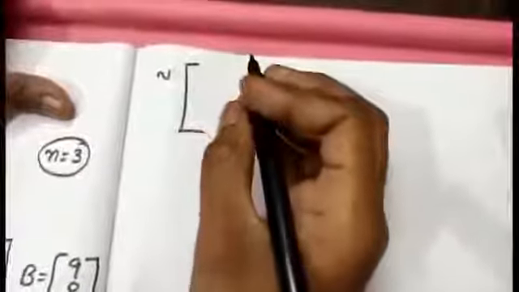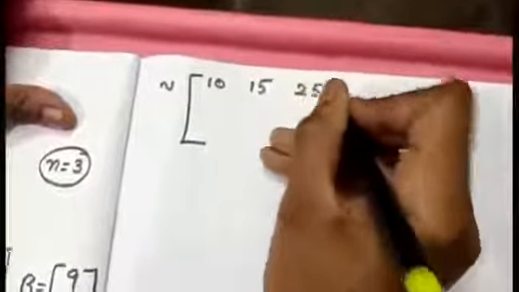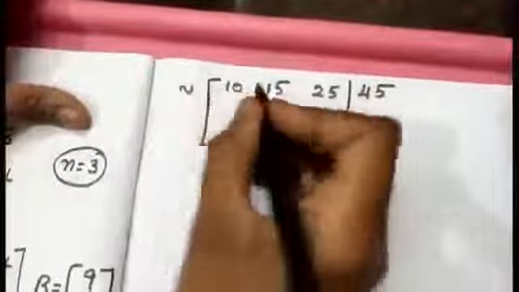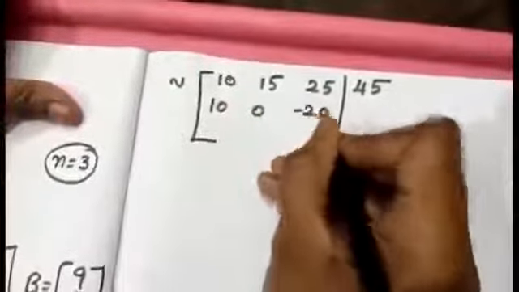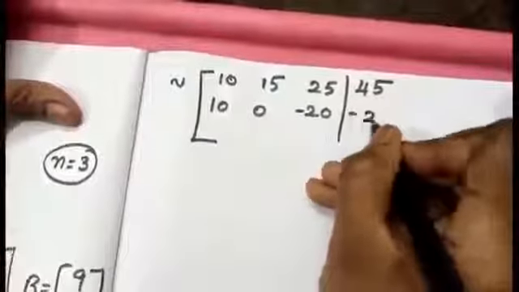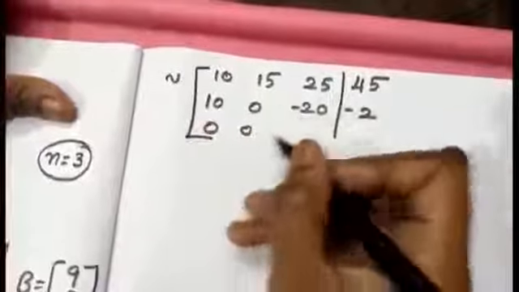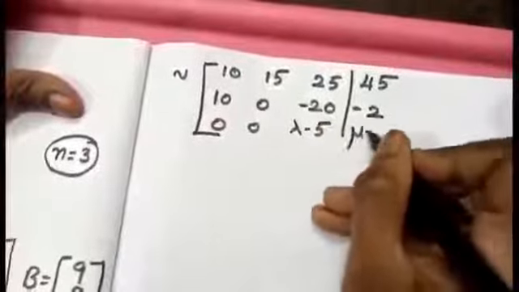If I multiply, I will get the value as 10, 15, 25, 45. In 2 R2, if I multiply by 2, I will get the value as 10, 0, minus 20, minus 2. The third row I am going to write as it is, 0, 0, lambda minus 5, nu minus 9.